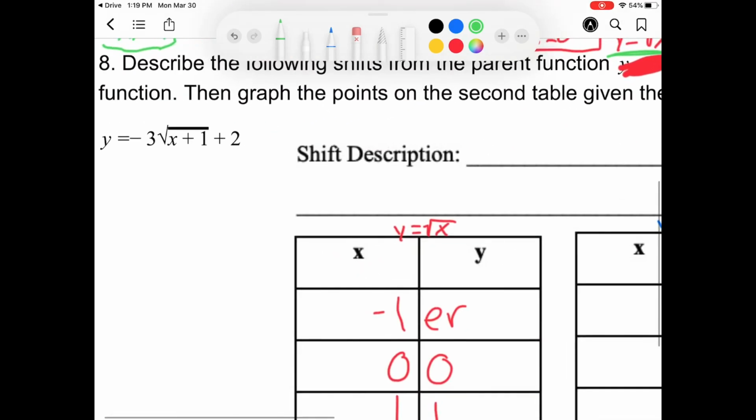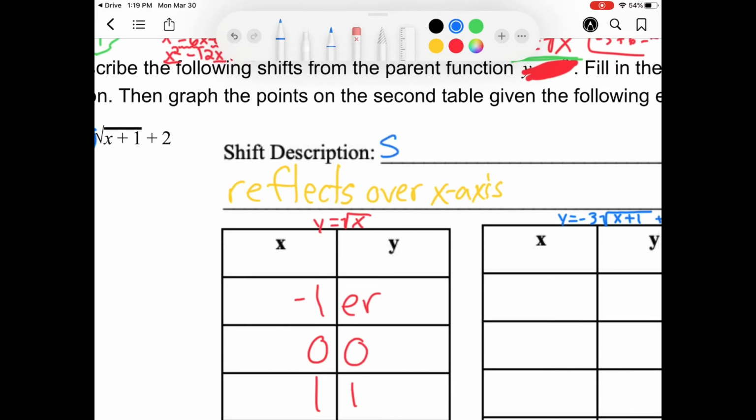So first, shift changes. Our negative out front always reflects over the x-axis. Our 3 is positive and it is greater than 1, so that means we are going to stretch.